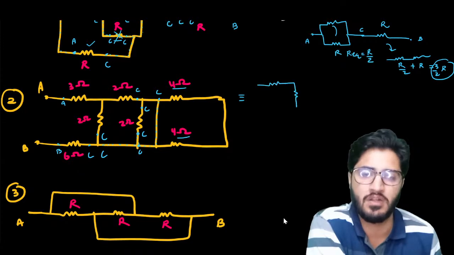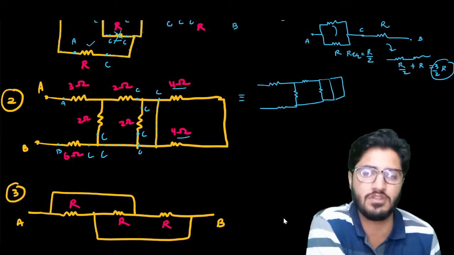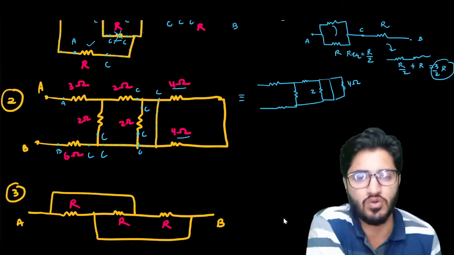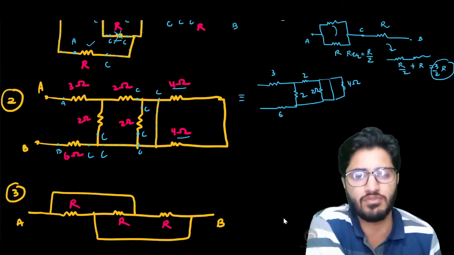1, 2, 3, one more, like this, and here how much? This one is 4 ohm, right? 4 ohm, so this is 2 ohm. This one is 2, 2, 6, 3.